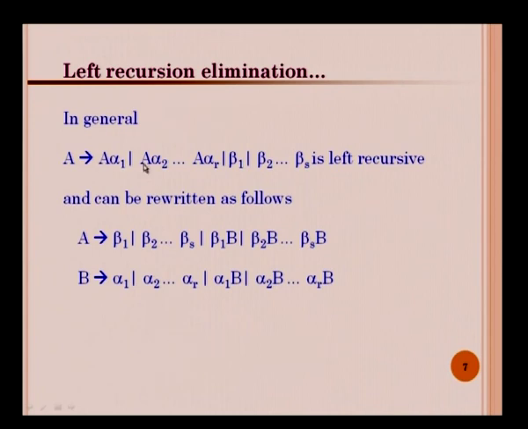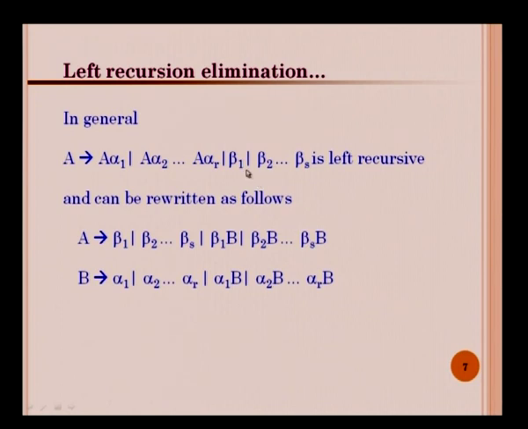So A derives A alpha, once again A derives A alpha, like this, and there are some non-left recursive rules also available. At least there should be one, or we can have any number of non-left recursive rules. So in this generalized format, we have s number of non-left recursive rules, beta 1, beta 2, etc. up to beta s. This is the given production.